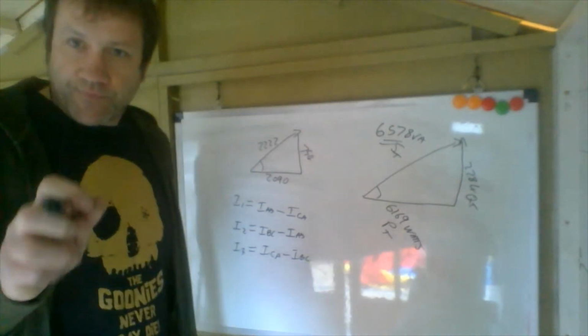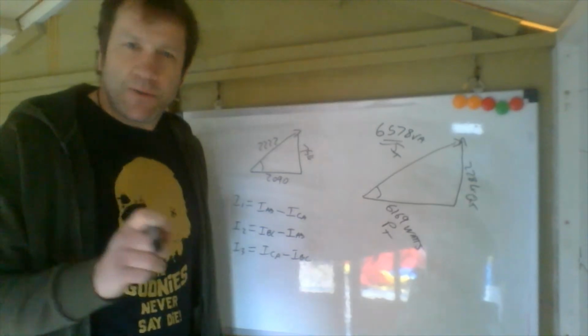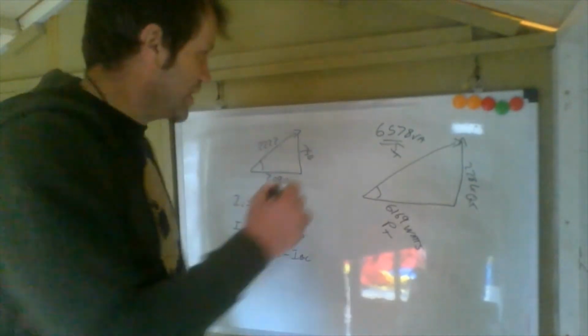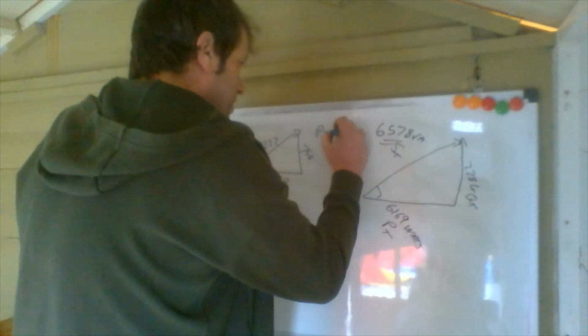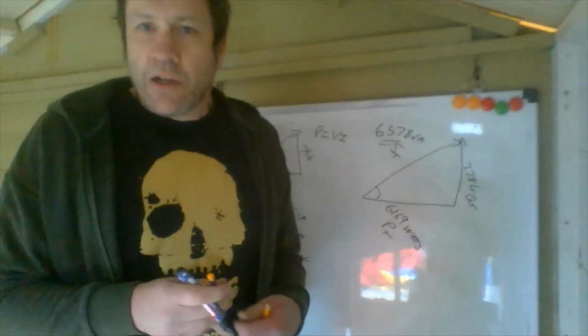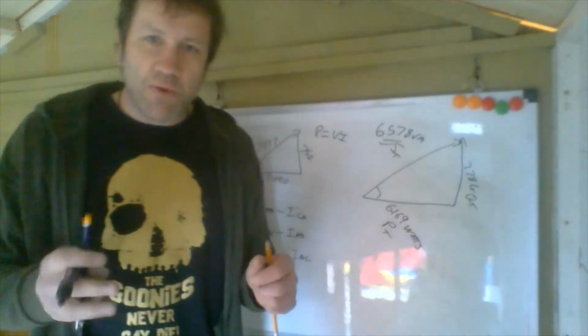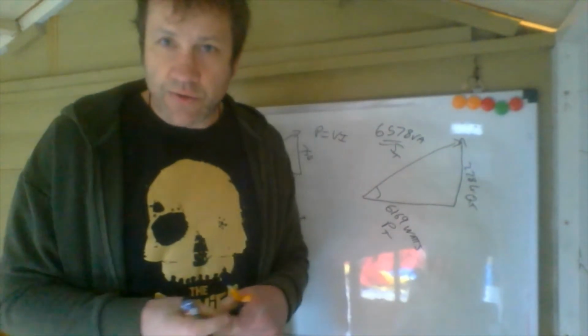Now, I don't know if you can notice something about that. But what is power? Power is voltage times current, current times voltage, whatever. Now, in a delta, you always get a line to line voltage.